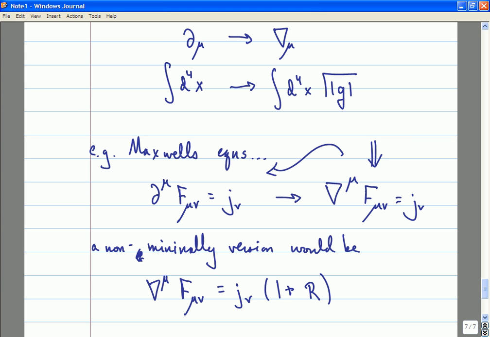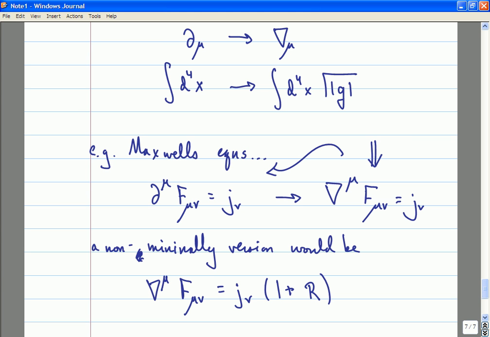In fact, it would muck up all sorts of physical principles like gauge invariance and stuff like that. But in principle, the principle of minimal coupling is not something that we can derive from first principles. It's just something that we have to test, and we have to check observationally or experimentally to the extent that we can.